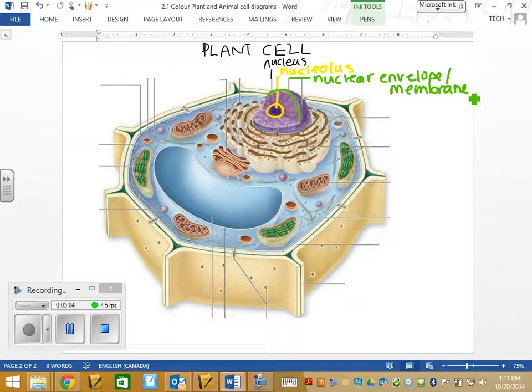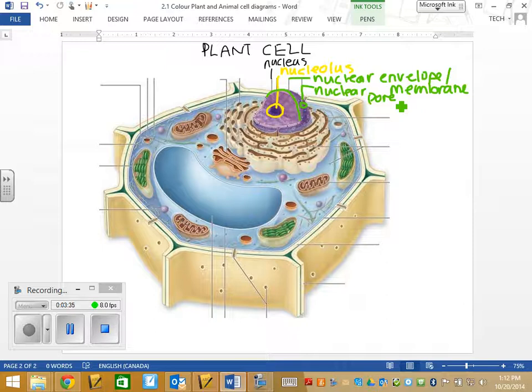And then on that nuclear membrane, the last line is trying to show one of the little holes that's on it, and that would be called a nuclear pore. So notice that all of the structures that are part of the nucleus start with the same few letters, N-U-C-L-E. So if you ever see the word nuclear, we are talking about the nucleus of a cell.